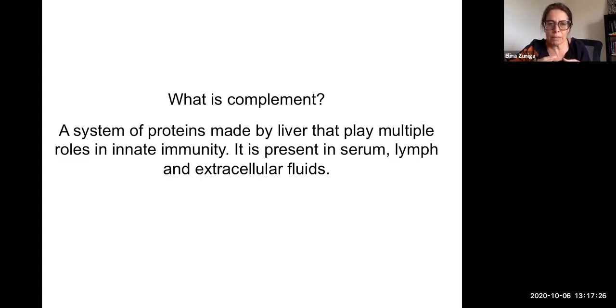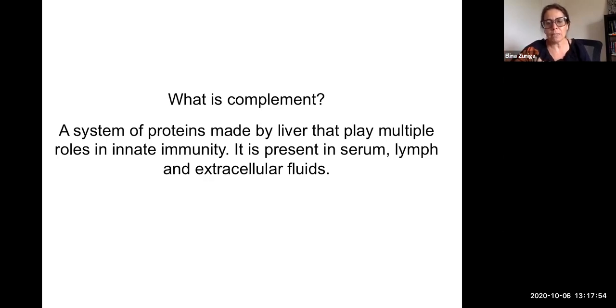These complement proteins are present in the serum and the lymph as well, because the lymph is derived from the serum, and in extracellular fluid, because the lymph is flowing through extracellular fluid. So from the serum, it can go to the lymph and extracellular fluid.